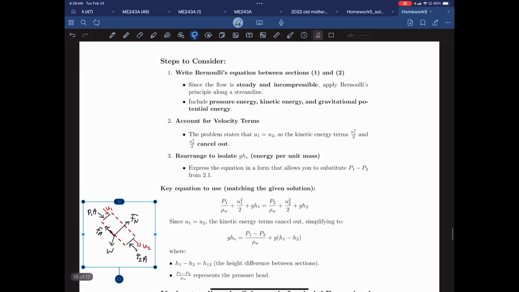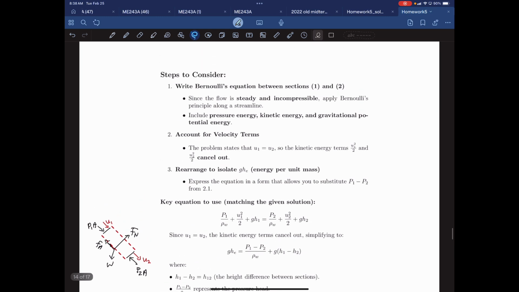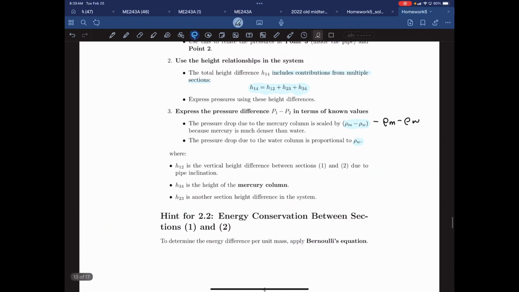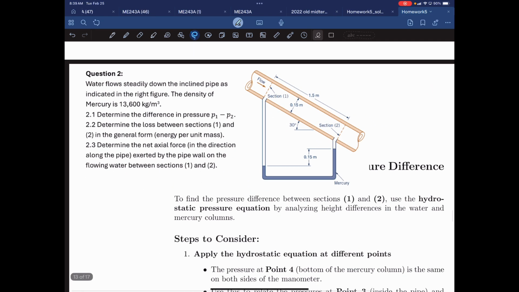We're given in the problem that U1 equals U2.